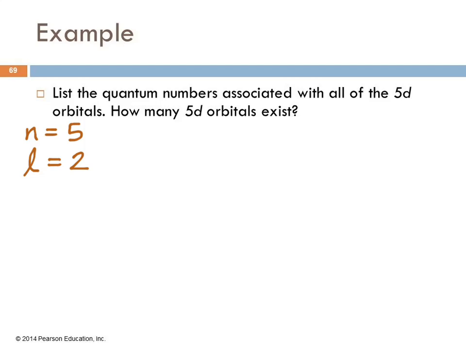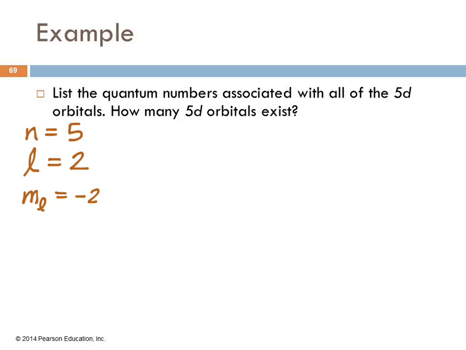Okay, so then what's the next quantum number? M sub L. What are the possible values for that? It can go from minus L to plus L, right?